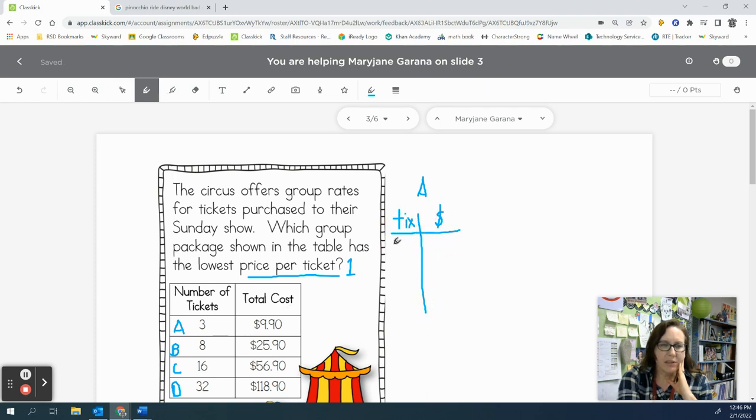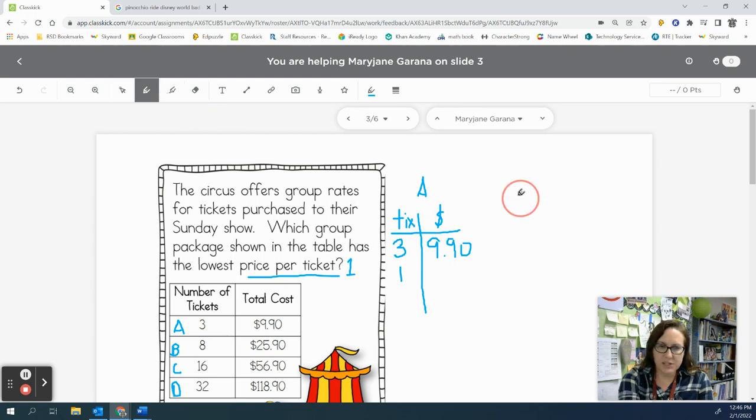Okay, so we know we can get 3 tickets for $9.90. But we want to find out what it is for 1 ticket. So what are we going to do to get that to show the price for 1 ticket?